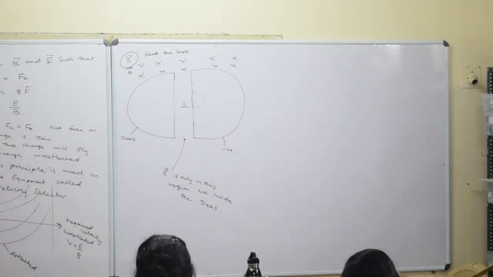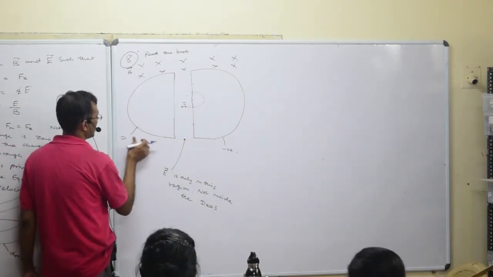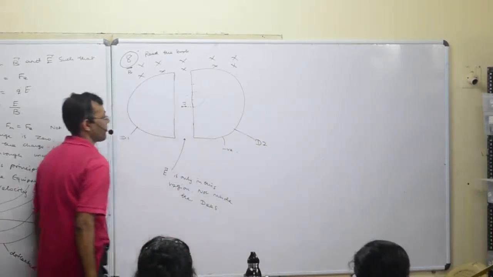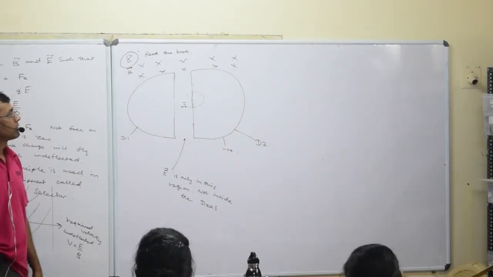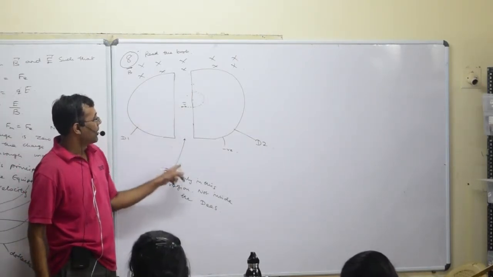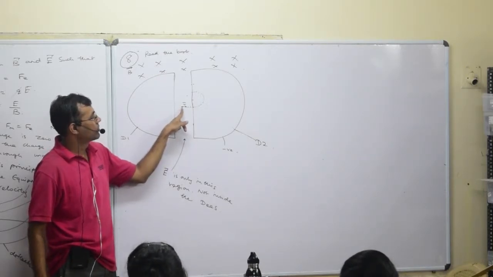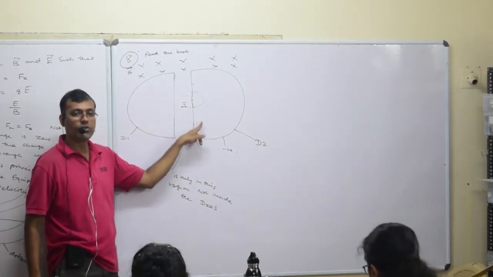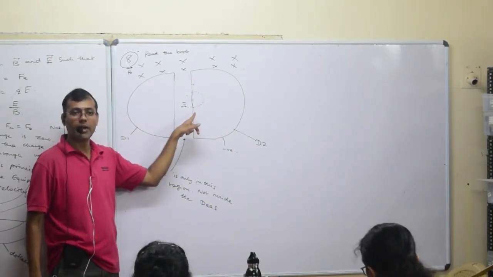Then call it D1, D2, something like that. So what this means is, the electric field is only here, which means it's going to get accelerated to a certain velocity. As soon as it enters here, there is no electric field, there is only magnetic field.